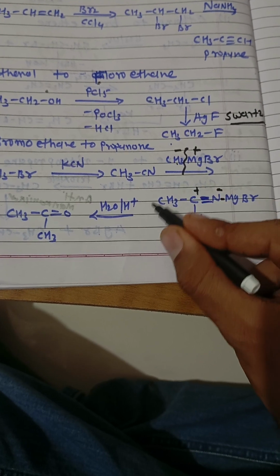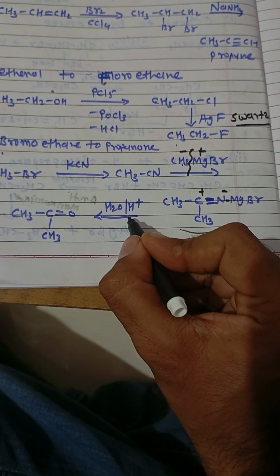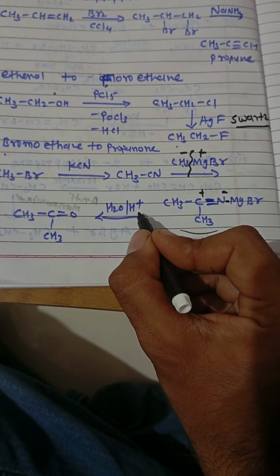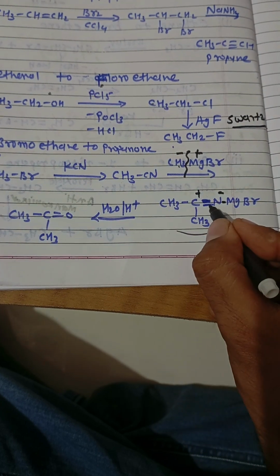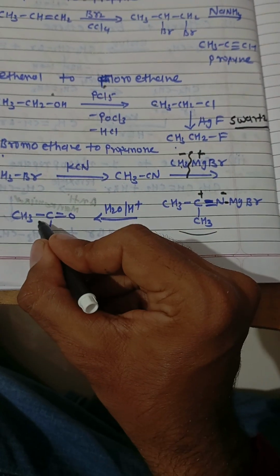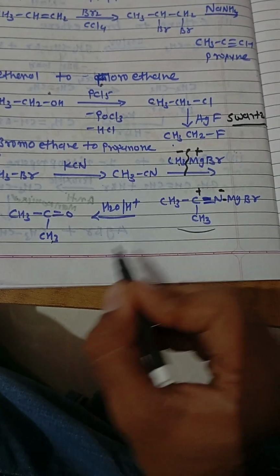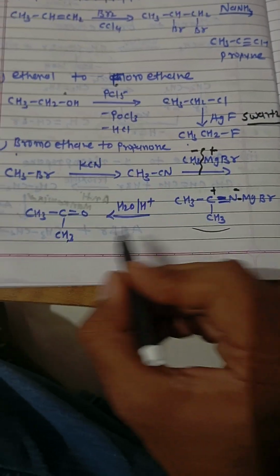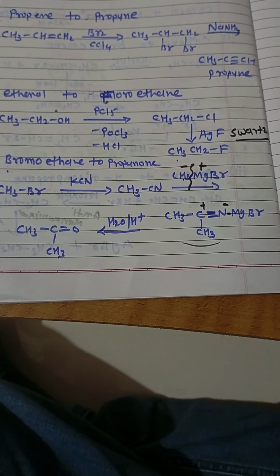So we get this kind of structure. Then it undergoes hydrolysis in the presence of H+. The oxygen of water is attached with a double bond at the carbon and forms CH3COCH3, which is propanone. So our main product is propanone.